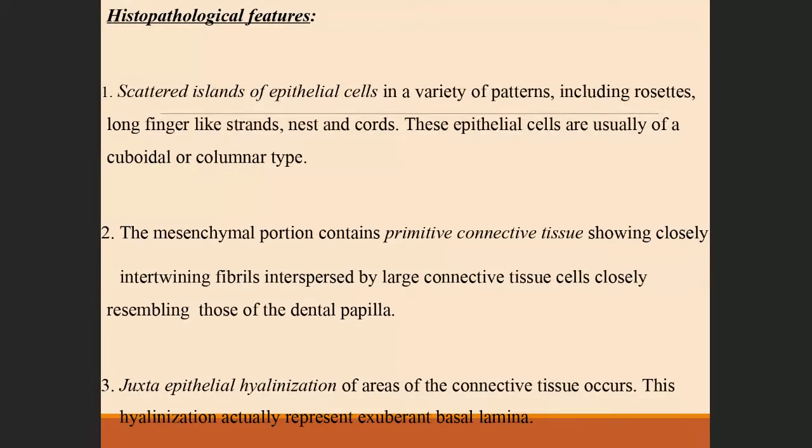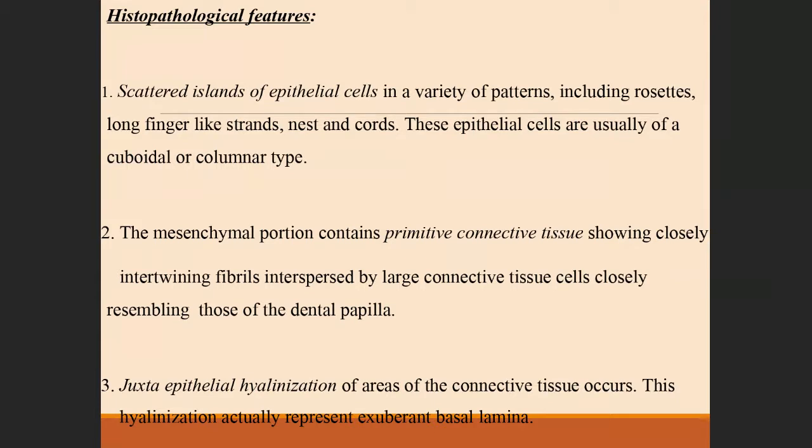So how does the epithelium proliferate? The epithelium is seen proliferating in variety of patterns, like how you saw in AOT and all that. You can see the epithelial component in the form of strands, small nests, pods, or rosette, like flower-like. And if you see these epithelial cells, they may be either cuboidal or columnar. Okay, so that is the epithelial part.